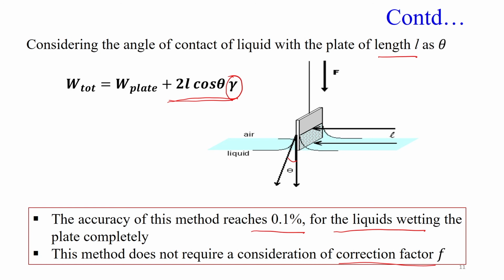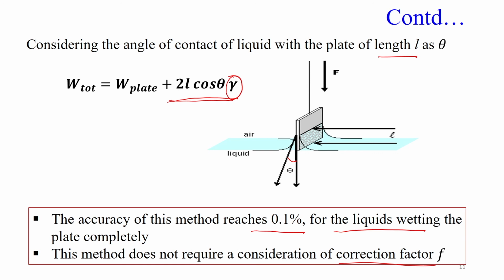So, in these methods we take either the ring method or the plate method. The liquid should wet either the ring or the plate, then we pull it out and measure the surface tension or the interfacial tension.